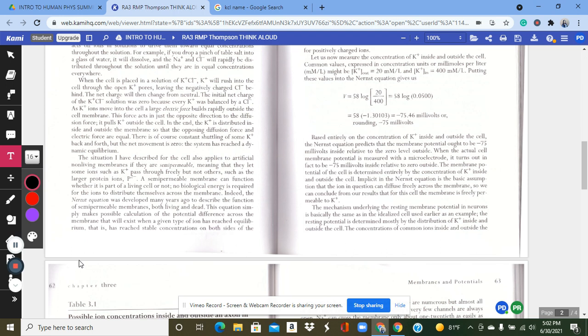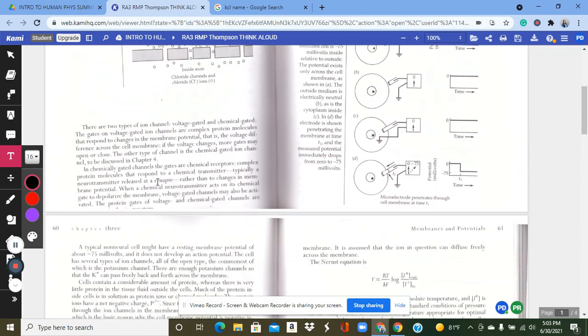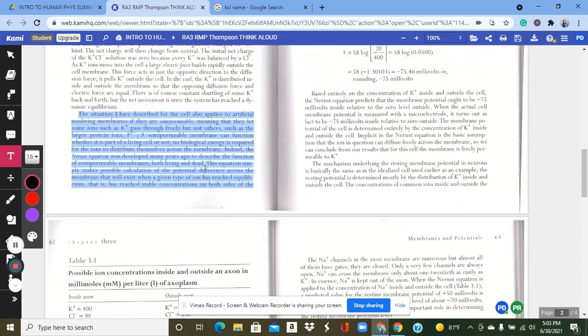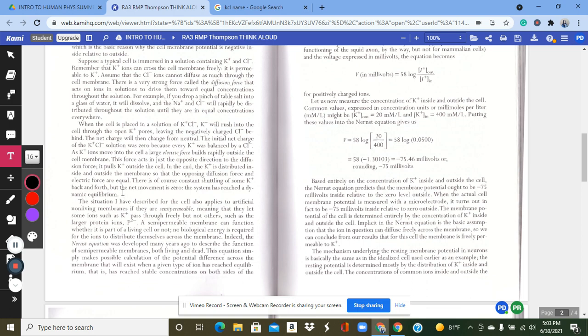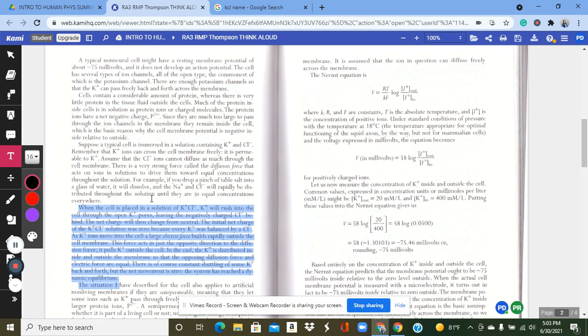However, if the distance between the charged objects increases, the force between them decreases. So these are things I've already learned in my AP chemistry class, and it's a great thing that I took that class before taking this physiology class, because it's definitely helped me understand the process being described in this text.